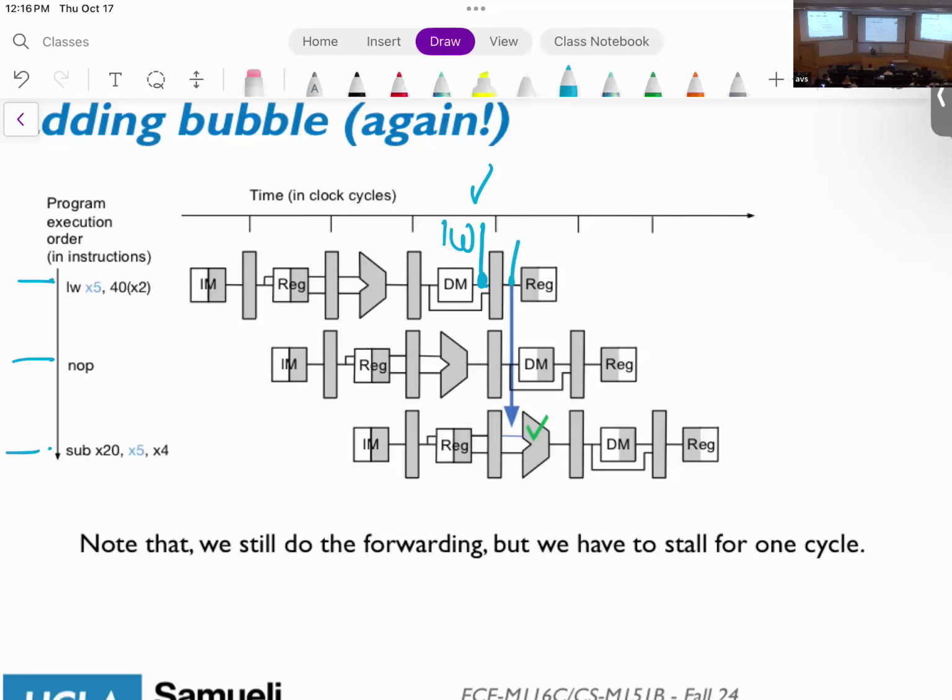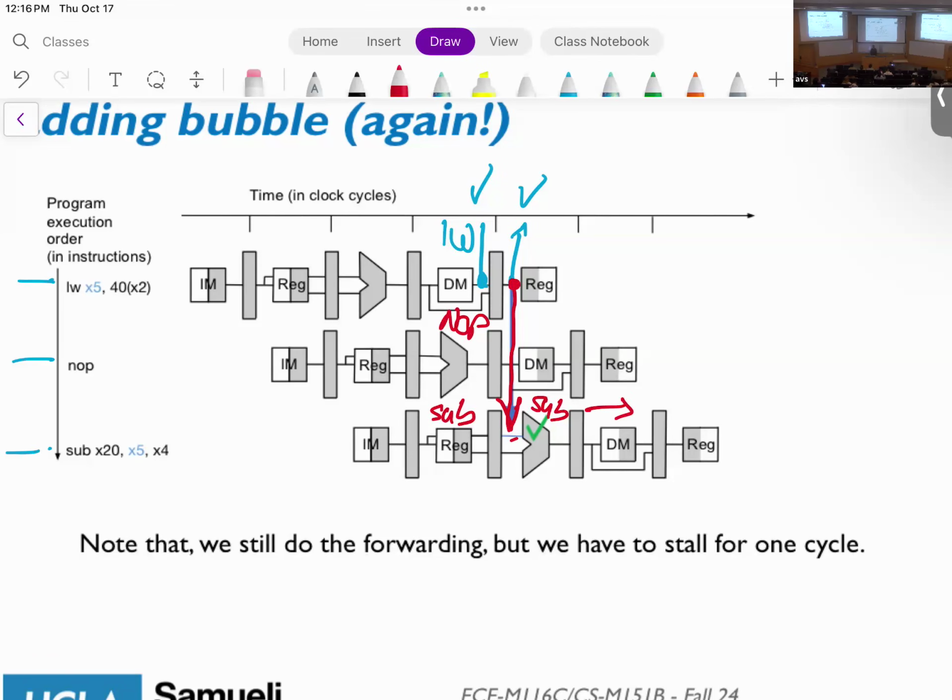So now I have the correct value. What used to be sub at this point is now a no op. So the no op goes here, and sub stays here. And now sub can go here, and now we do the forwarding. So we forward from here to here, and now we can continue moving forward.